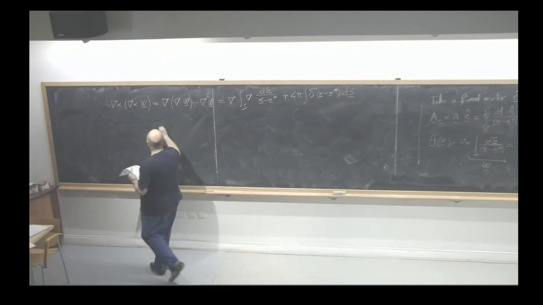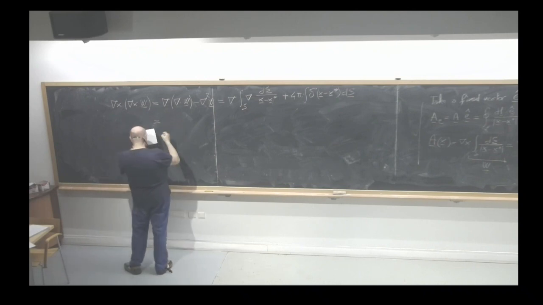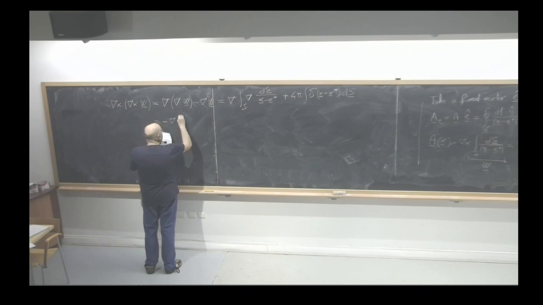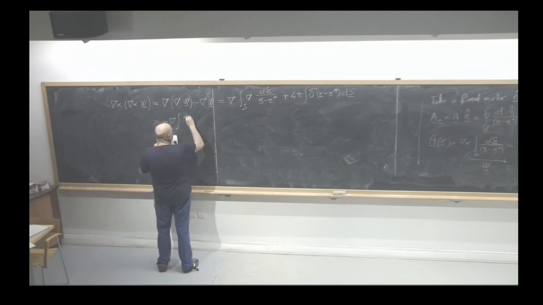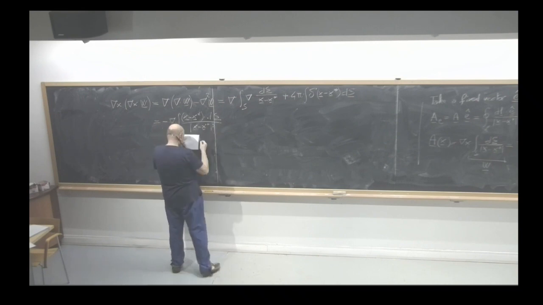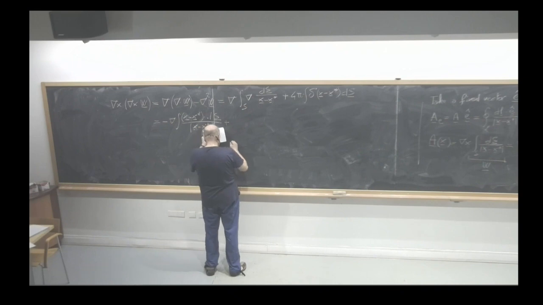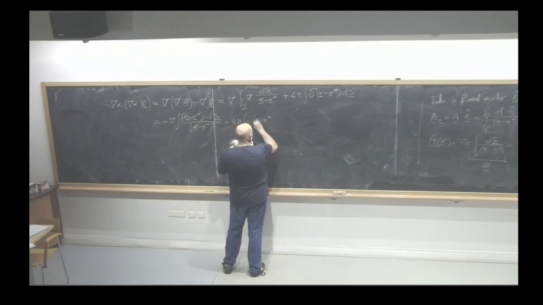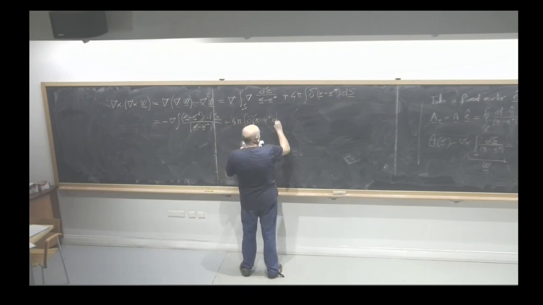One more step is just to elaborate further from there. We have a minus, then x minus x star dS divided by |x minus x star| cubed, plus 4 pi integral delta of x minus x star dS.